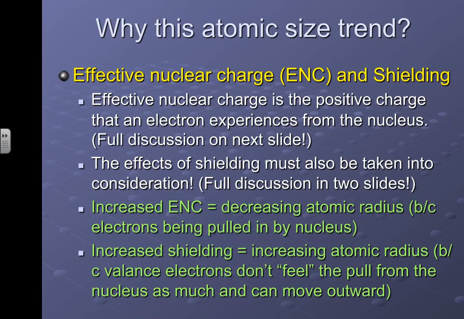And the reason for that is because valence electrons don't feel the pull from the nucleus as much, and they can move outward. So at this point, depending on your recollections from last year, you may or may not understand the two green statements well or not. Definitely make sure that you understand those green statements, but I will explain in more detail in the next two slides. So you're getting the end of the story, and now I'm about to fill in all the blanks.